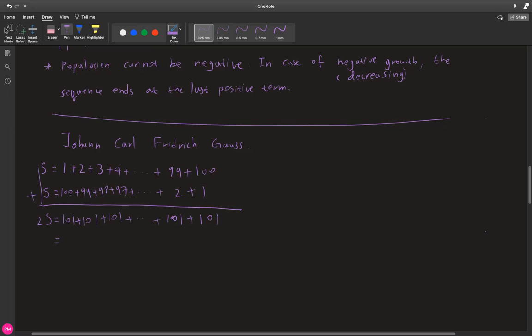So if you're adding 101 100 times, instead of doing that one by one, you can simply write 101 multiplied by 100 because we're doing it 100 times. And if you calculate the right-hand side, it actually becomes 10,100.